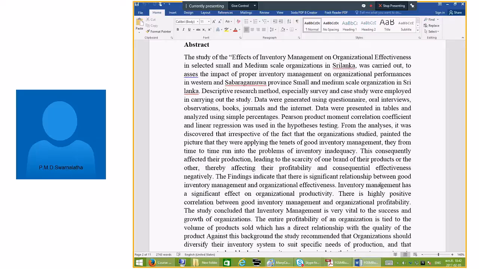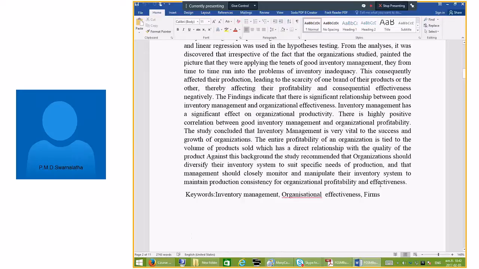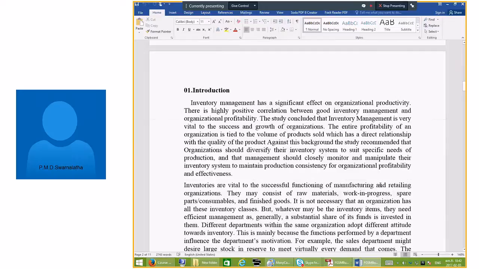Inventories are vital to the successful functioning of manufacturing and retailing organizations. They may consist of raw material, work in progress, spare parts, consumables, and finished goods. It is not necessary that an organization has all those inventory classes, but whatever the inventory items may be, they need efficient management.